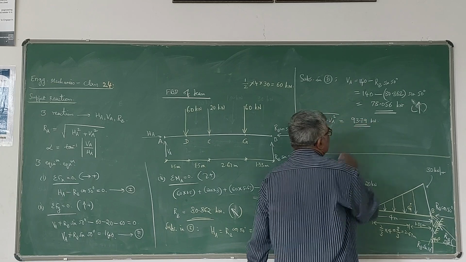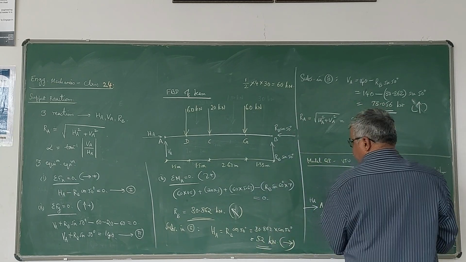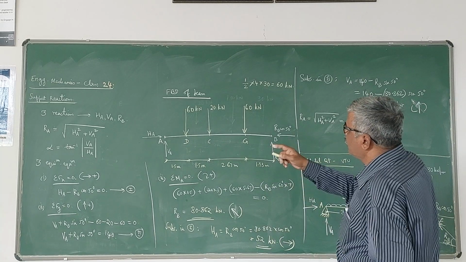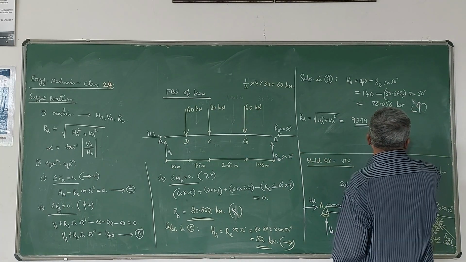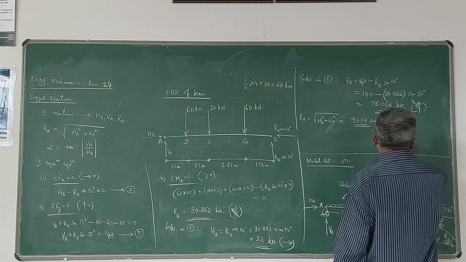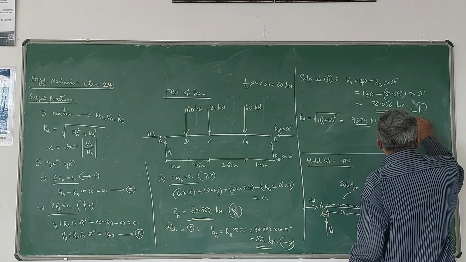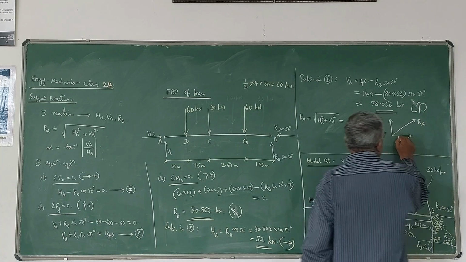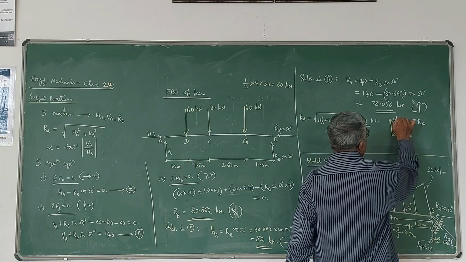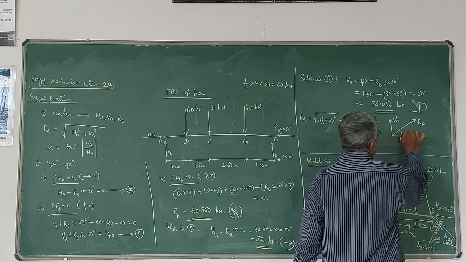The direction of RA can be fixed: because HA is towards right and VA is upwards, RA is in the first quadrant.